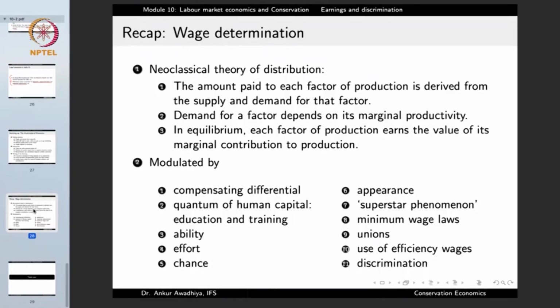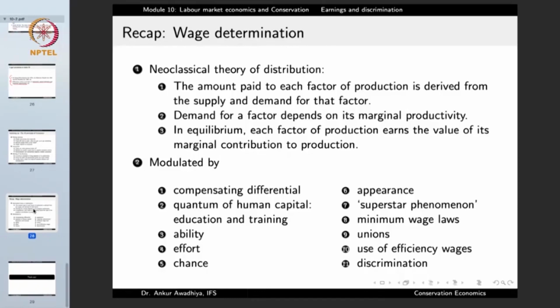But we have observed in this lecture that the results of the neoclassical theory can get modulated by the compensating differential, say in terms of more wages for difficult jobs, or it can get modulated by the quantum of human capital, how much is the amount of education and the training with a person. It gets modulated by the ability of a person, whether hereditary or otherwise, by the effort a person puts in, the chance factors, whether the market is booming or in recession, the appearance of the person.